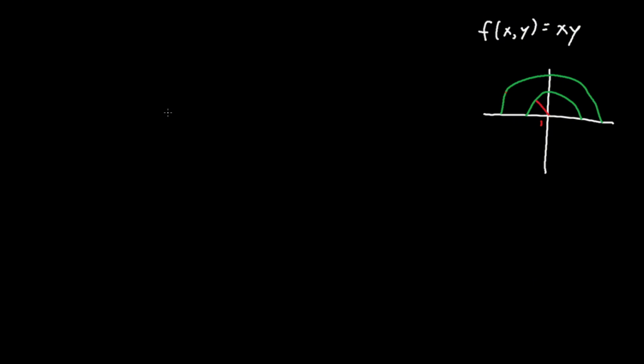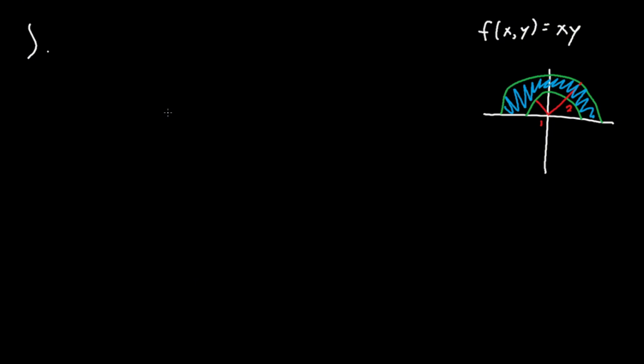The radius for this bigger semicircle is 2. Your shaded region looks like this. So try and do this. Set up the integral and then solve for it.